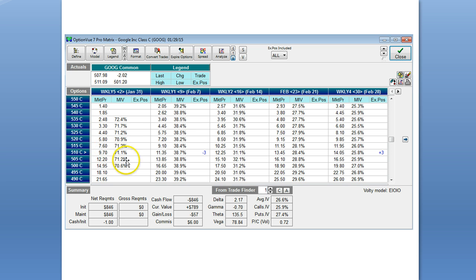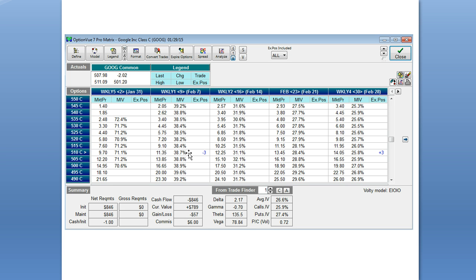Even though this is going to collapse, the variable model is predicting that this is going to collapse as well. And when you model this calendar relative to all other calendars, this calendar will have the highest probability of profit of all of them, with a pretty decent expected return relative to that $1,100 number.